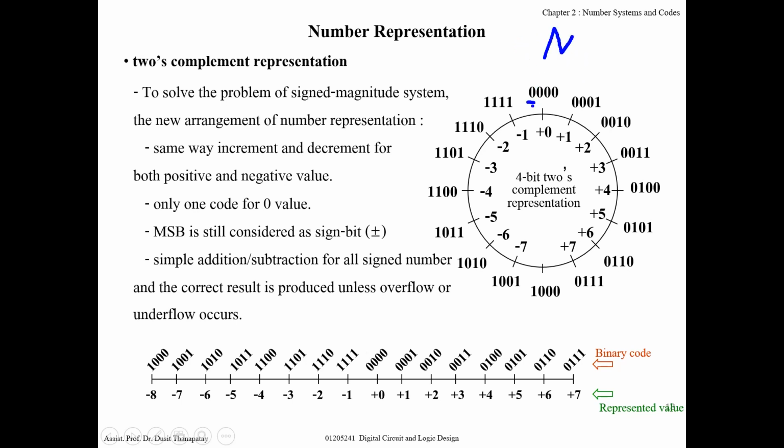If you use one bit for the sign, that means the left n minus 1 bits can represent positive values up to 2 to the power of n minus 1, minus 1, right? Like this case. And for the negative value, it goes down to minus 2 to the power of n minus 1. This is the range that can be represented by n-bit binary code.